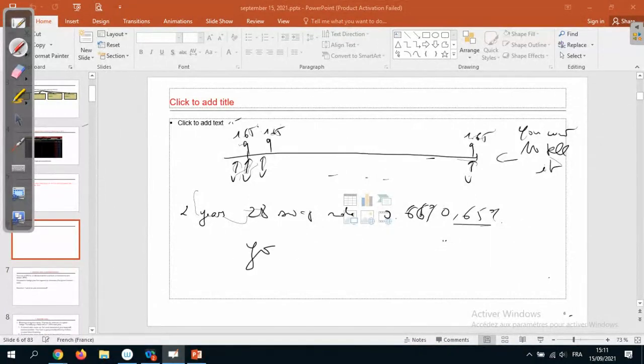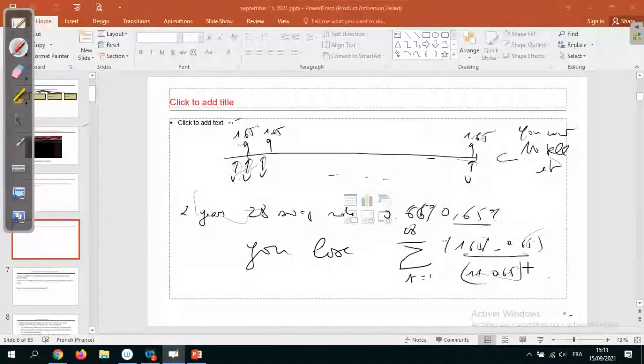If you sell, the sum from year 1 till year 28 of (1.65% minus 0.65%), discounted by (1 plus 0.65%) power t, and that's your loss. That's 1%. Okay, you discount at close to 0%. It's something like 1% per year during 28 years, which is 28%. Okay, so you lose a lot of money.